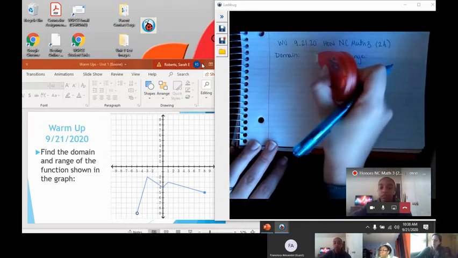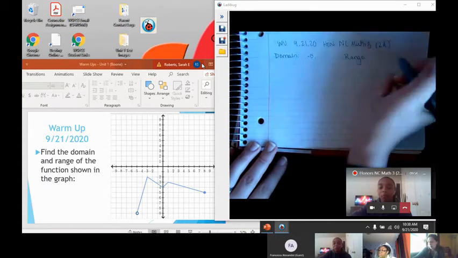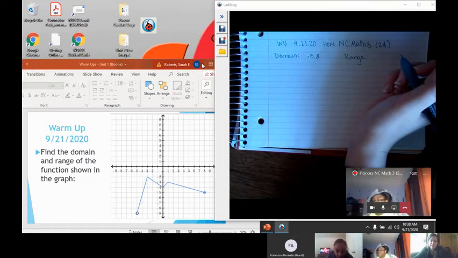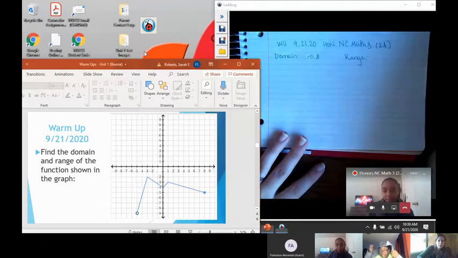And what type of brackets am I going to use? Is that open or closed? I can't see. Hold on. Let me just zoom this in for you.